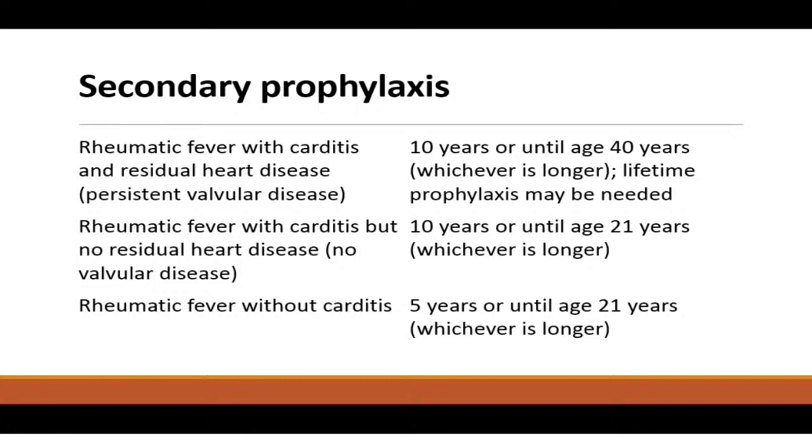So the main goal of treatment of acute rheumatic fever is to prevent residual heart disease, to prevent further destruction of valves. That's why secondary prophylaxis is not less important than primary prophylaxis.